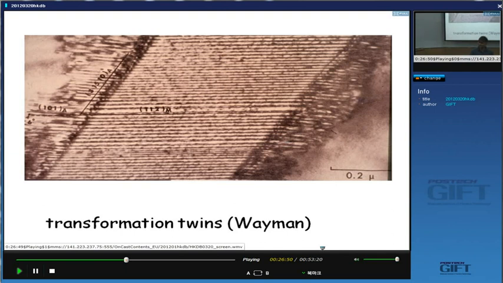Any ideas? If I deform a piece of steel at a normal strain rate, then it will slip. Yeah? If I put an explosive and blast the steel, I will see lots of mechanical twins, right?